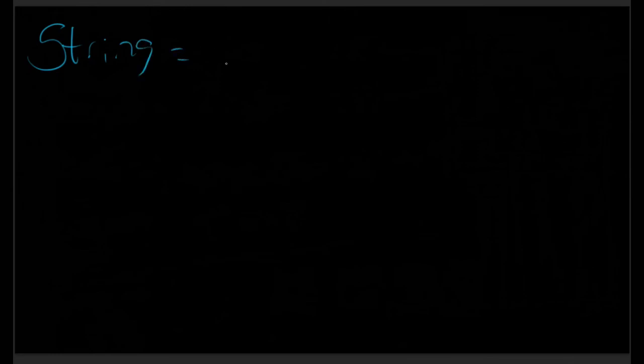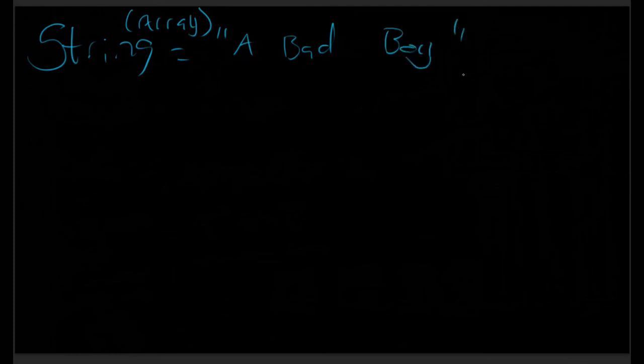String is saying that I have a whole bunch of chars to put together. And usually we denote it with quotes, maybe A, a space, and bad, a space, boy.